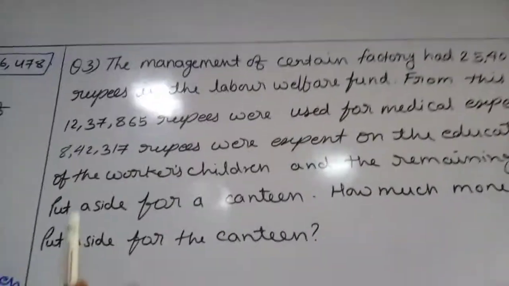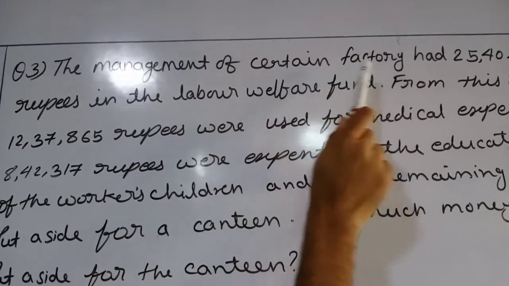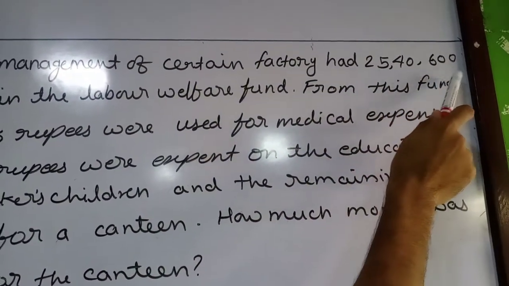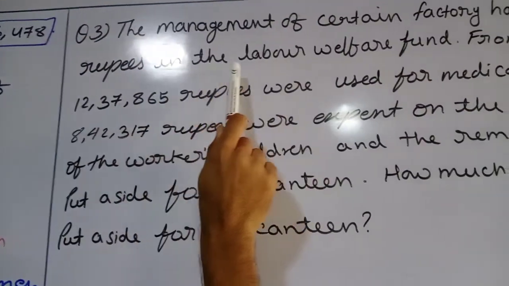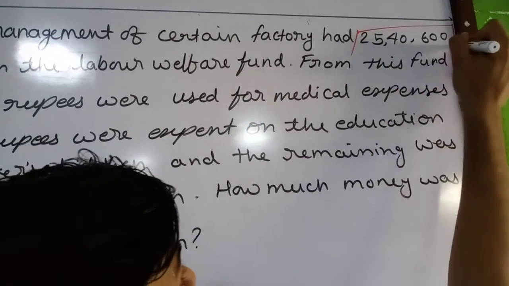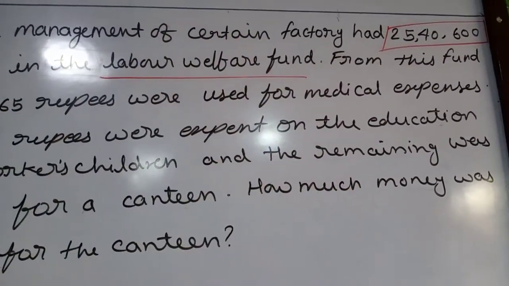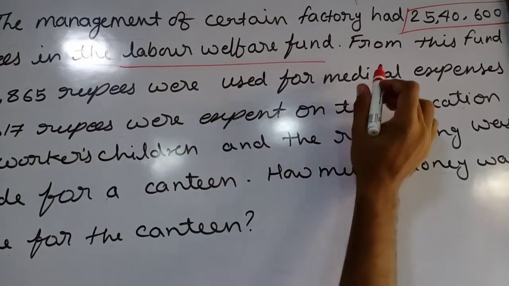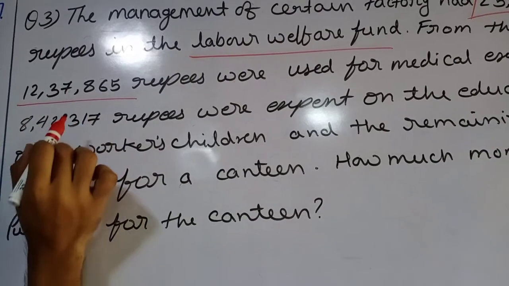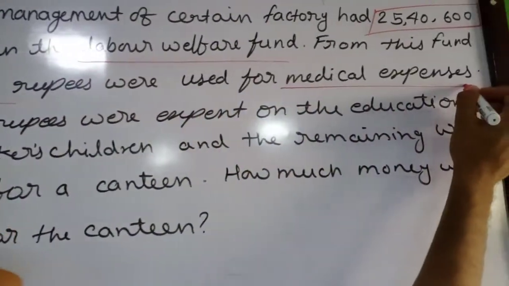Sum number 3. The management of a certain factory had 25,40,600 rupees in the labor welfare fund. This amount is the labor welfare fund the management of a factory has. From this fund 12,37,865 rupees were used for medical expenses.